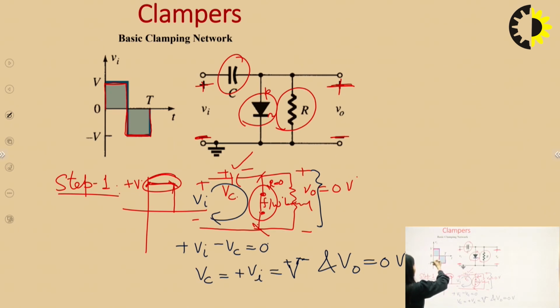Go to that cycle where the diode is reverse biased. So the diode is reverse biased when the voltage is this for the negative cycle. So forget about the capacitor. Just see for this negative cycle the diode is reverse biased, so we have to take the diode in open condition. So this is the step 2 input waveform.